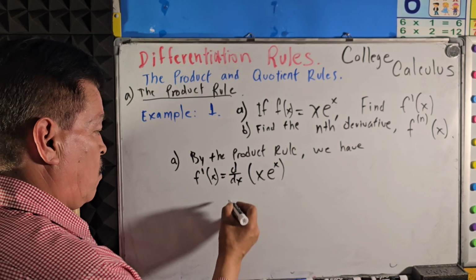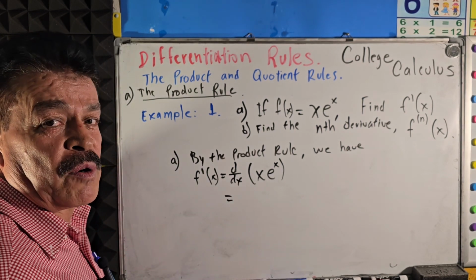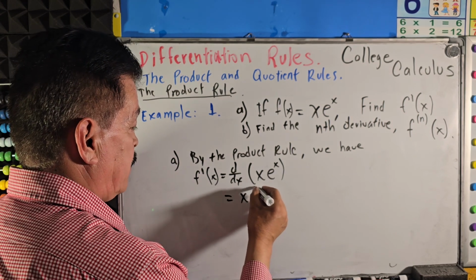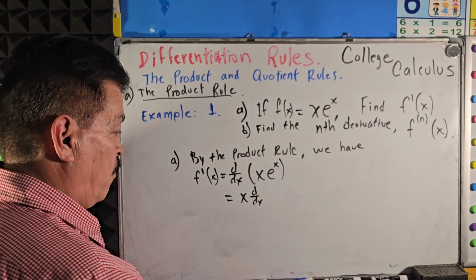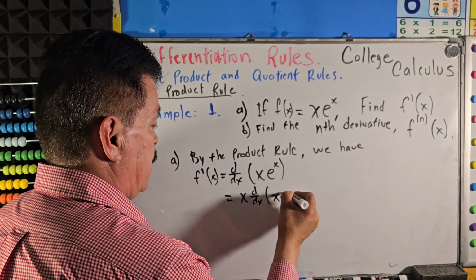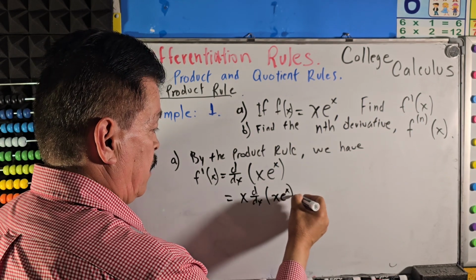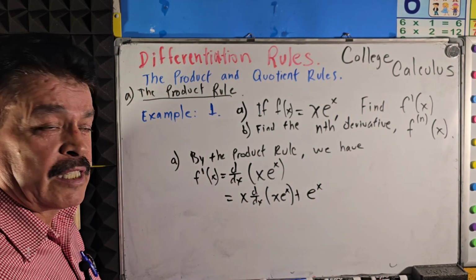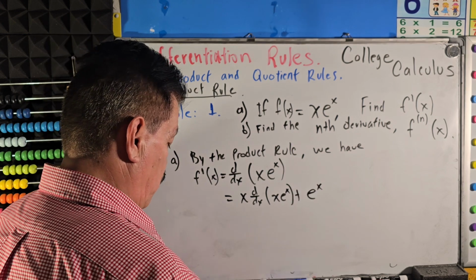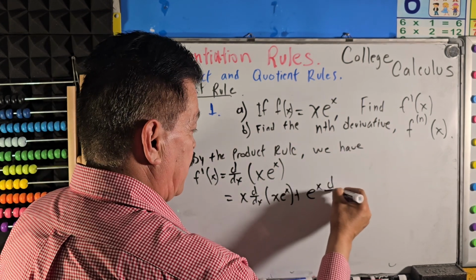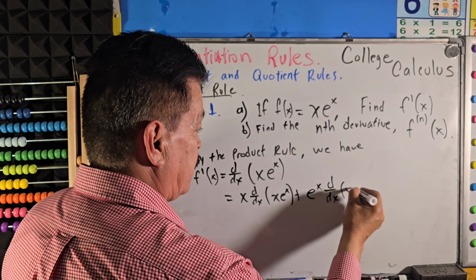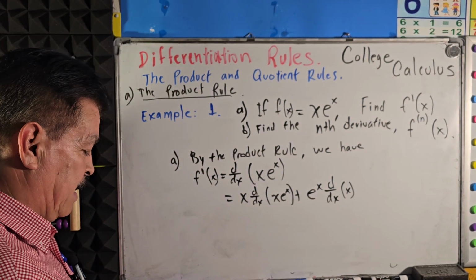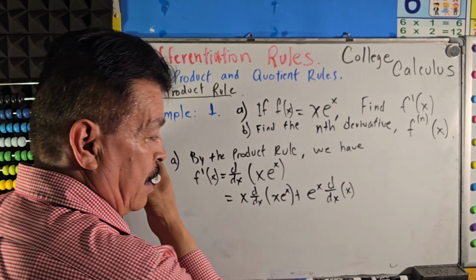So we write x times the derivative of e to the x power, plus e to the x power times the derivative of x. Just follow the rule.